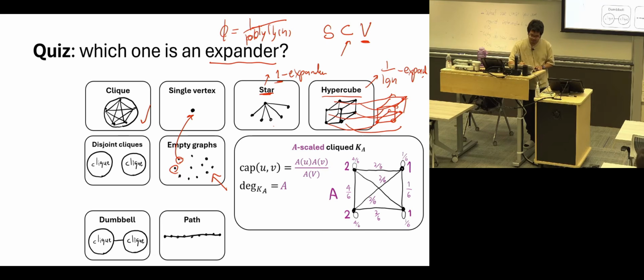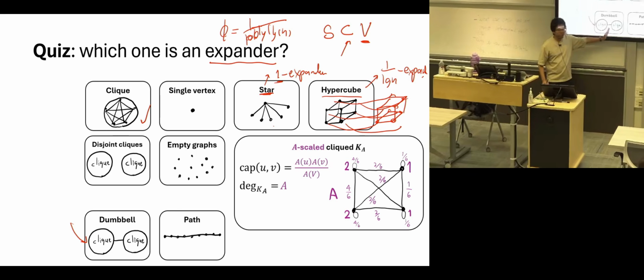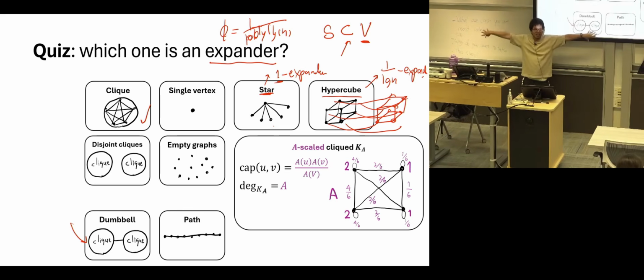All right. How about a dumbbell like this? Is there a sparse cut here? There is a sparse cut, which is this edge. If you cut just one, it separates half of the volume, half of the degree, from each other. So that's a really efficient cut, a very sparse cut.